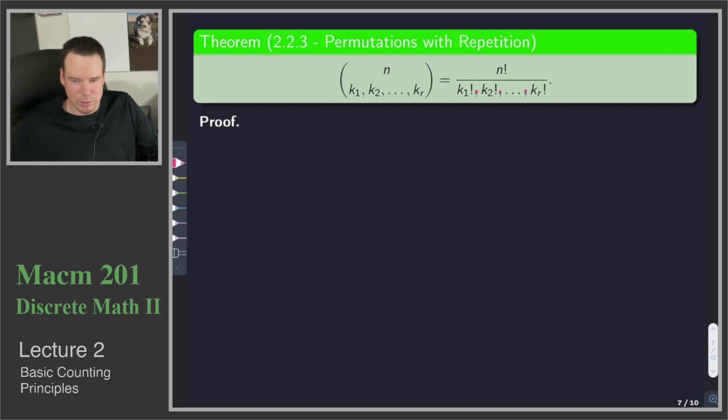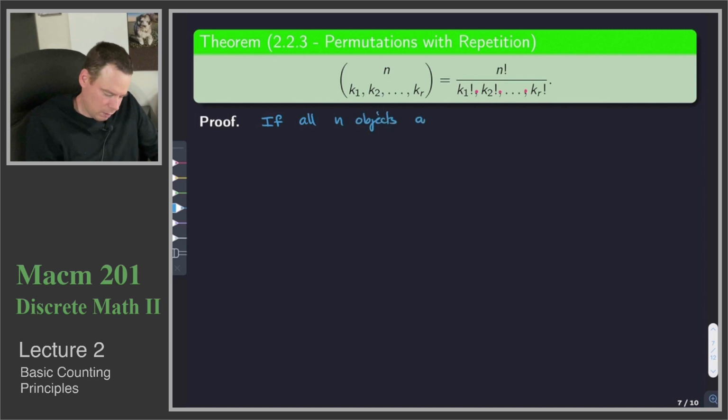These quantities multiplied to each other. And the proof of this is precisely what we said on the last page. If all n objects are distinct, so they're all different, there are n factorial permutations.